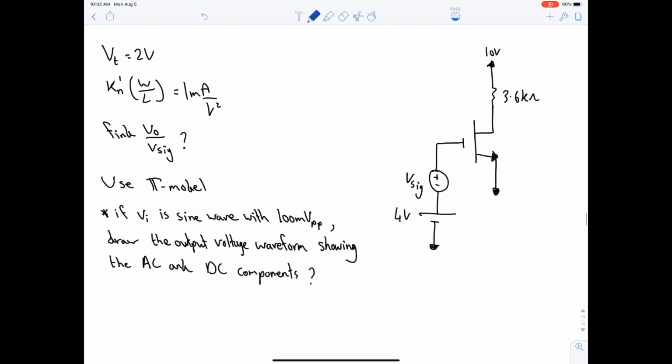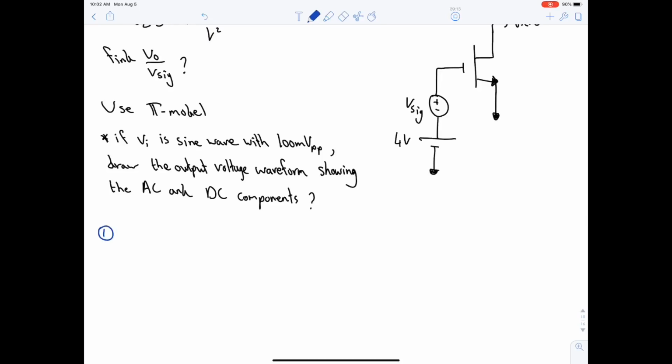Next, that's an amplifier. So how do we begin? We begin by killing. So the first step is kill AC, keep DC.